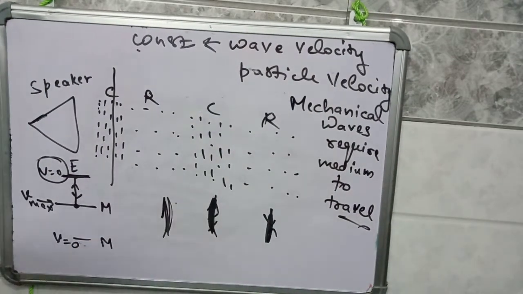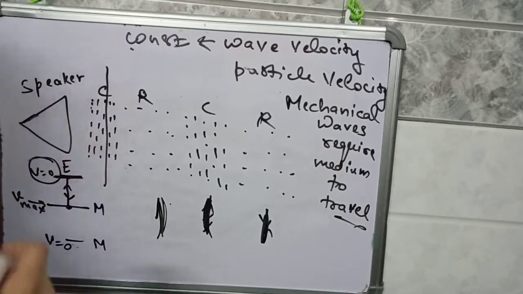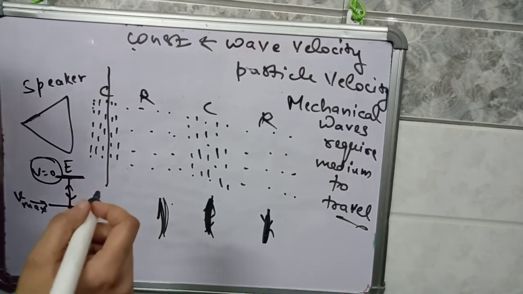So if there is any mechanical wave which requires a medium to travel, for example a sound wave, a water wave, the medium must possess the property of inertia, elasticity and minimum friction. Three properties should be acquired by the medium for the propagation of mechanical waves.